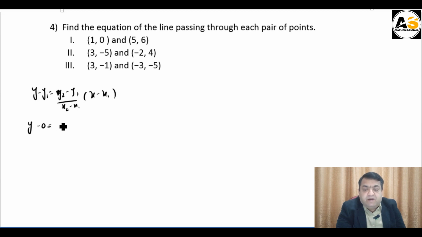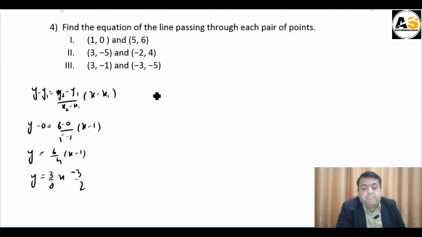This will be y minus 0 is equal to 6 minus 0 over 5 minus 1 into x minus 1. Y is equal to 6 over 4 into x minus 1. Y is equal to 3 by 2 x minus 3 by 2. For the second part, y minus y1 is equal to y2 minus y1 over x2 minus x1 into x minus x1.